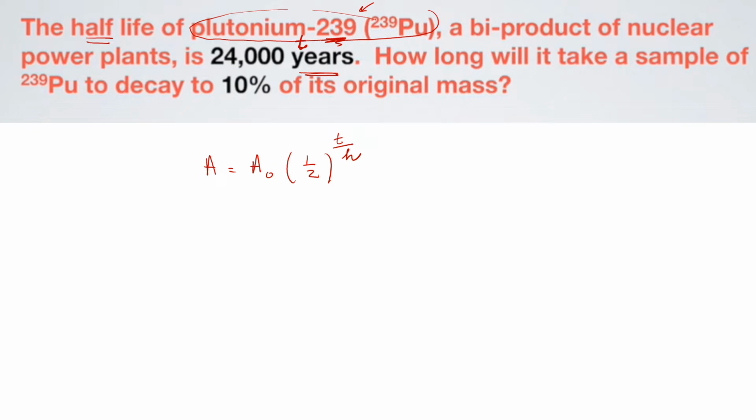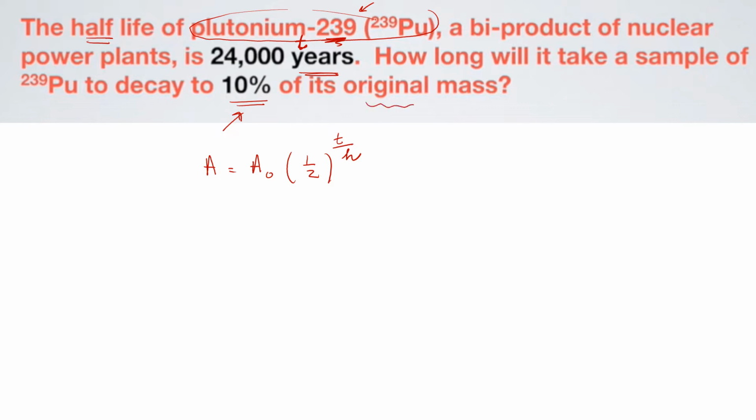Now they are asking how long it will take a sample of plutonium to decay to 10%. What is 10% actually? Is it years? No, it cannot be years. It is the amount, 10% of its original mass.